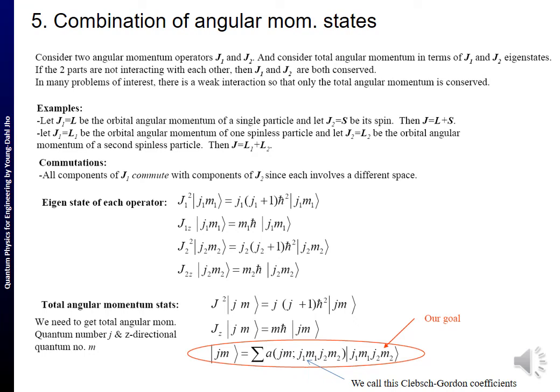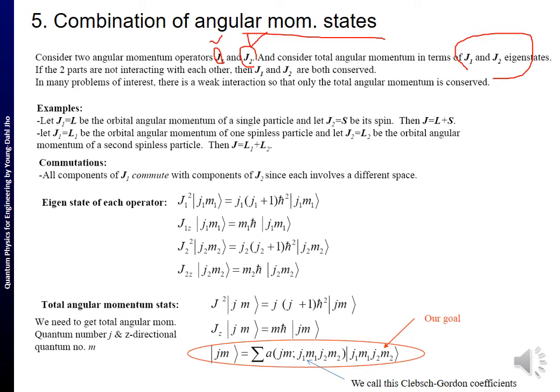And then the combination of angular momentum. Consider two angular momentum operators J1 and J2. If we have two particles, for example, then the first particle has the angular momentum related with J1, the second particle is related with J2. And consider total angular momentum in terms of J1, J2 eigenstate.